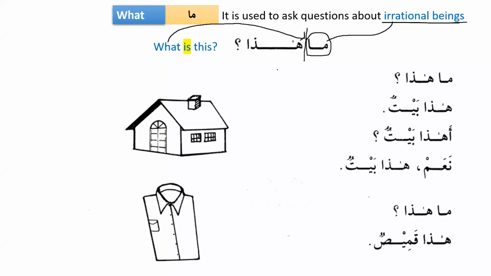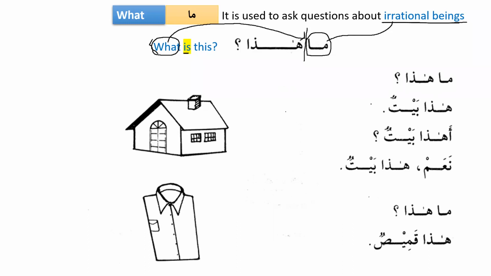We cannot say hadha ma; it does not make any sense. The real sentence would be hadha ma, but since ma is harful istifham, used to ask a question, and the question word always comes at the beginning of the sentence, like in English, similarly ma should come at the beginning of the sentence in Arabic. However, the combination is the same, definite noun and indefinite noun.